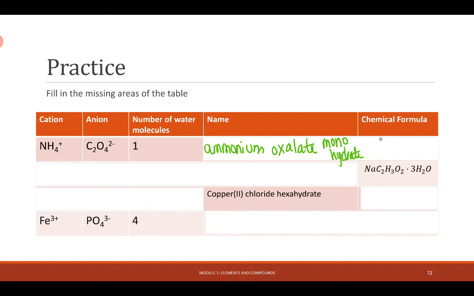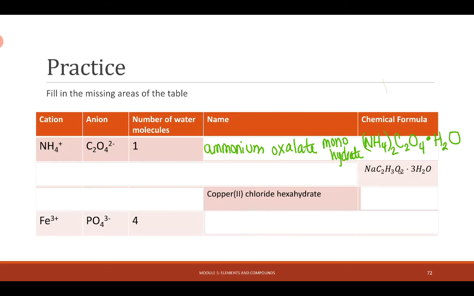All right, for my chemical formula, I will need 2 ammoniums to cancel out the charge on my oxalate. I needed 2 of those, so I put that in parentheses, but I only needed 1 of those. So that's no parentheses around it. And then I'm not going to write the coefficient of 1. I'm just going to put H2O.